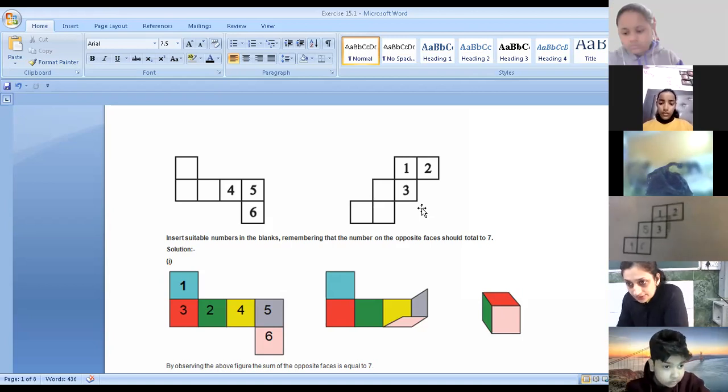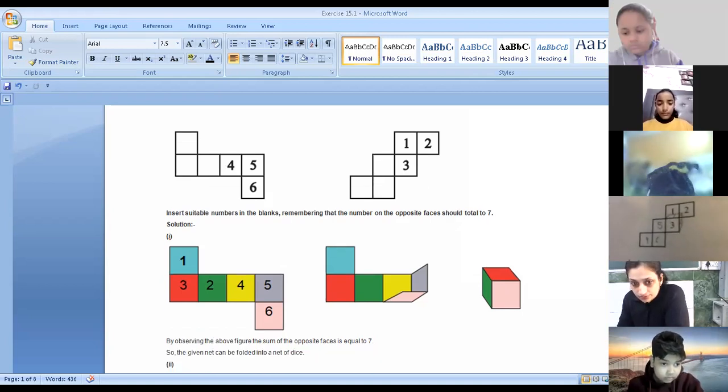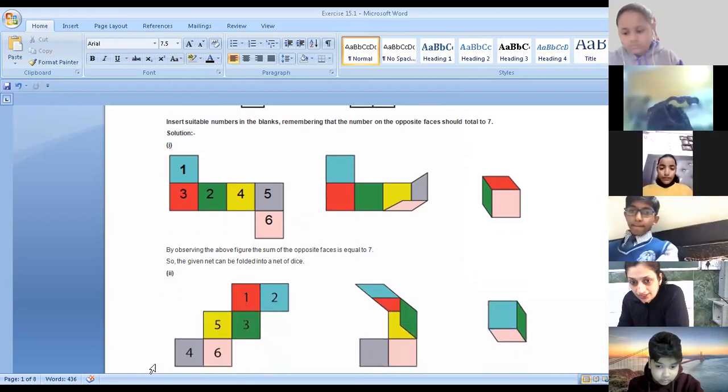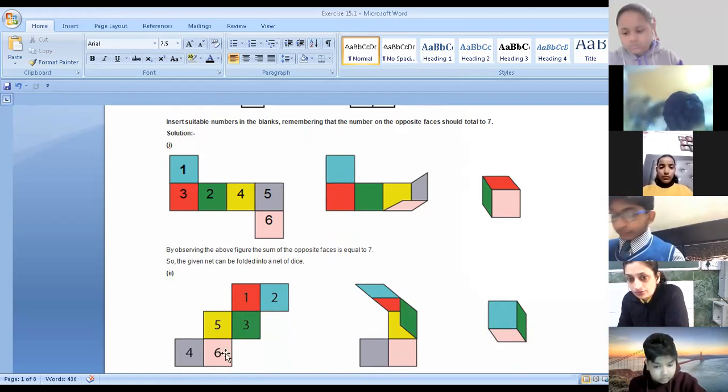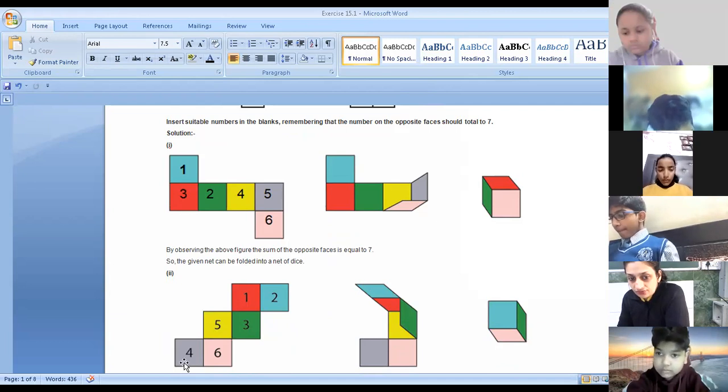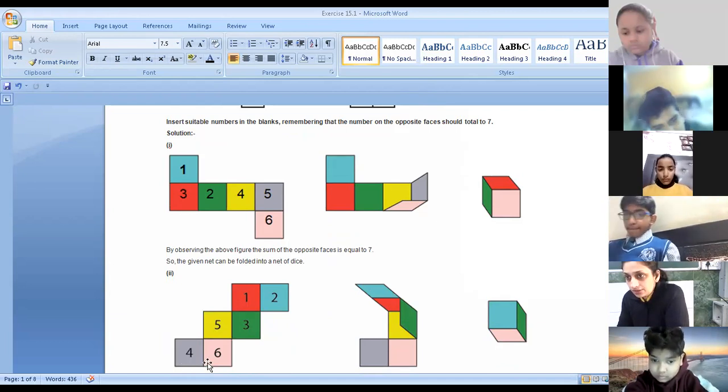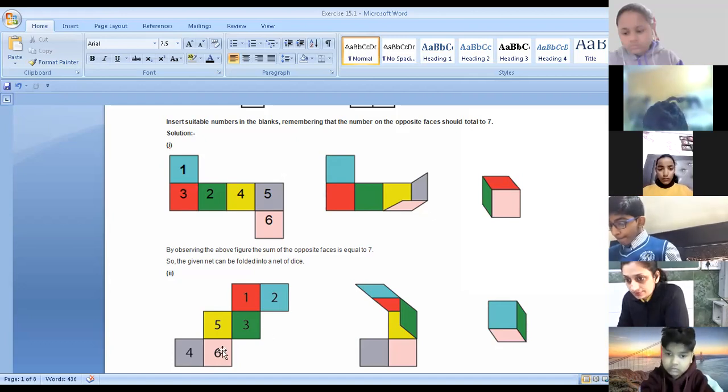Right, Srajal. 5 is coming here, 4 and 6. Opposite of 6 is 1, opposite of 5 is 2, and opposite of 4 is 3. So when you are folding this net, you will get 1, 2, 3 here, and 5, 4, 6 this side, so that you get the sum as 7 dots. Clear, children?